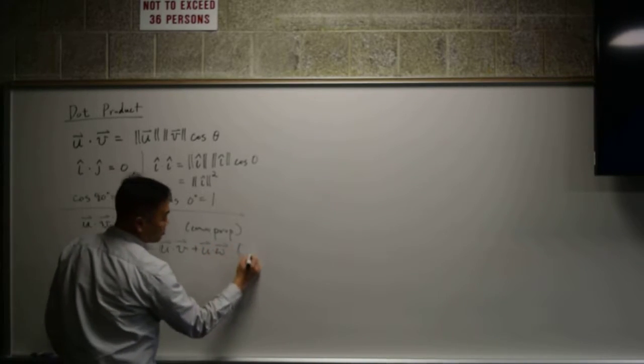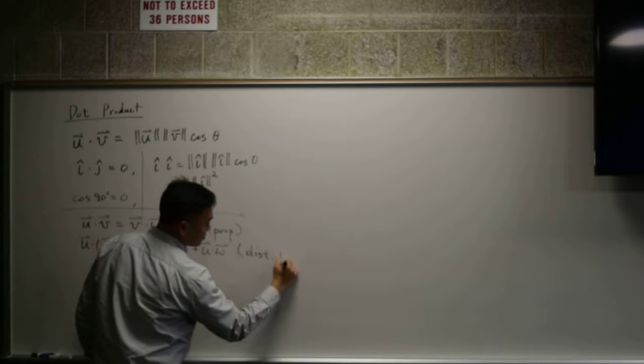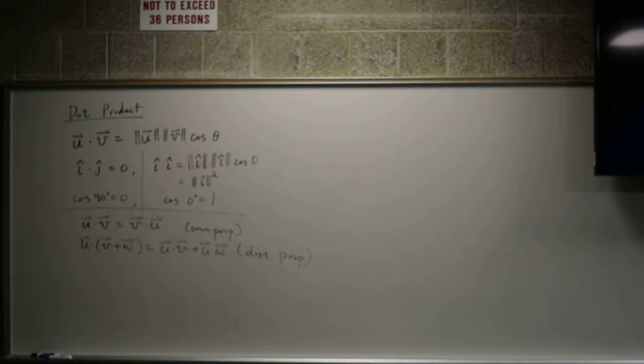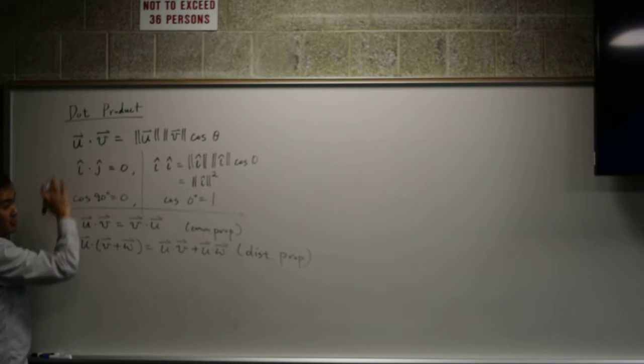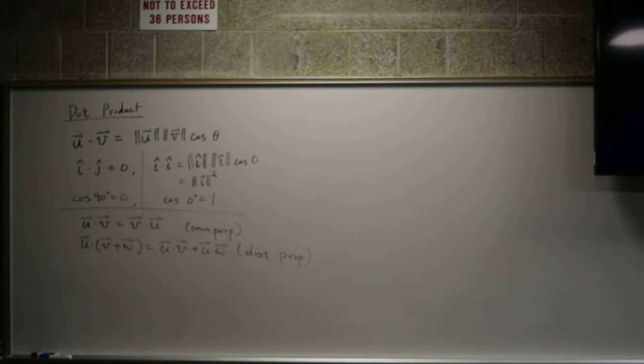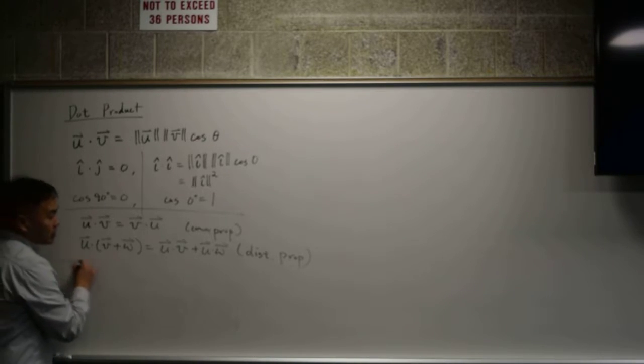This is the distributive property. These two properties enable us to calculate the dot product of any two vectors when their coordinate forms are given. Okay? All right, so that was what we covered last time.